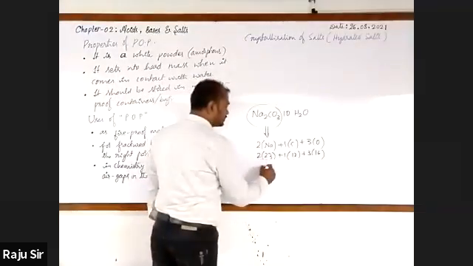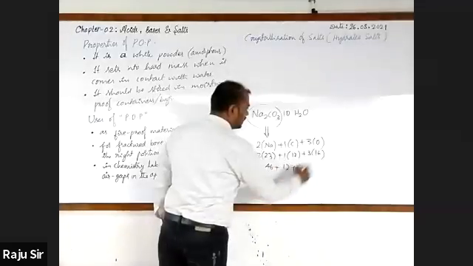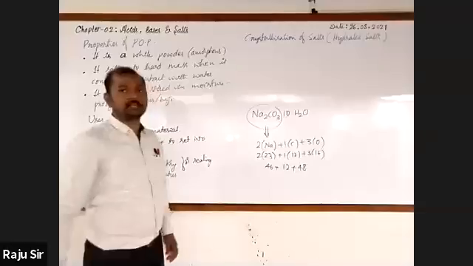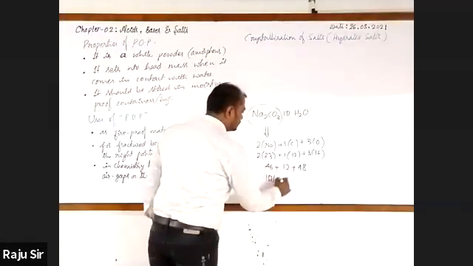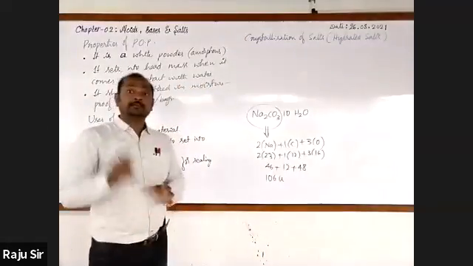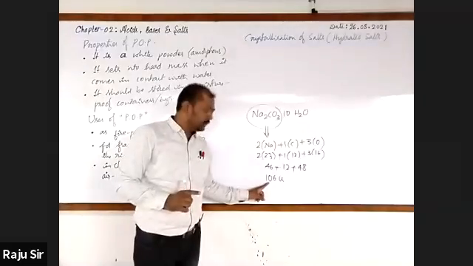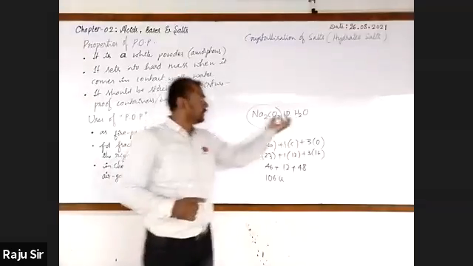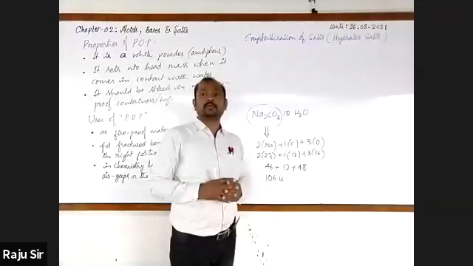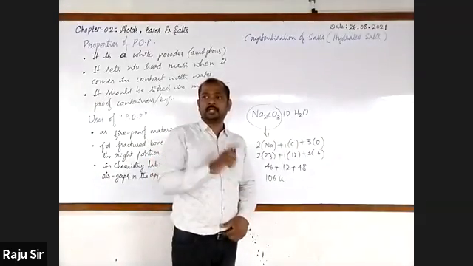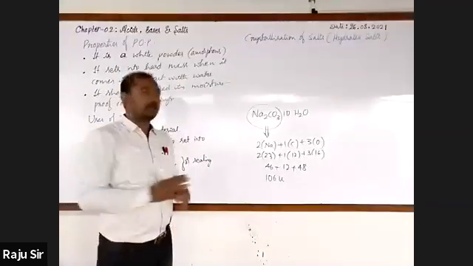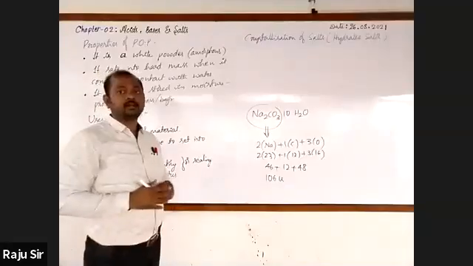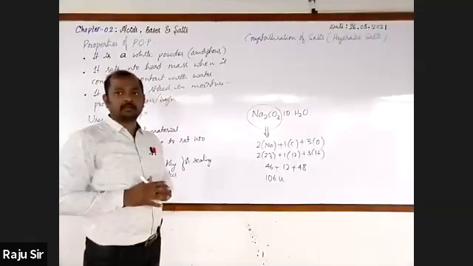Now 23 twos are 46. 12 ones are 12. 16 threes are 48. 48 plus 12 is 60. 60 plus 46 is 106. 106 unified mass. Every one formula unit mass, that is 106 unified mass of sodium carbonate, contains 10 molecules of water. Got it? We call such a salt a hydrated salt or crystallization of salt.